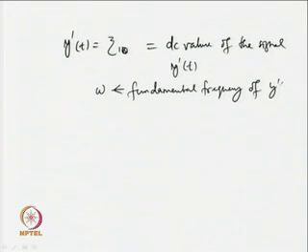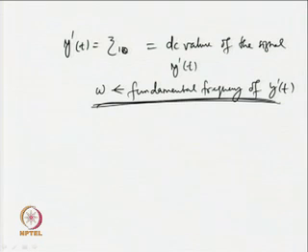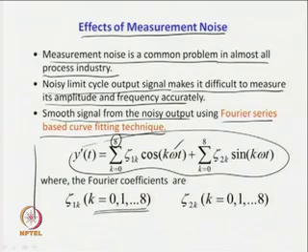of y dash t. So, it is assumed that we can represent any type of practical system with the help of a Fourier series, and why we have limited our discussion to 8. Ideally, it should be infinite.